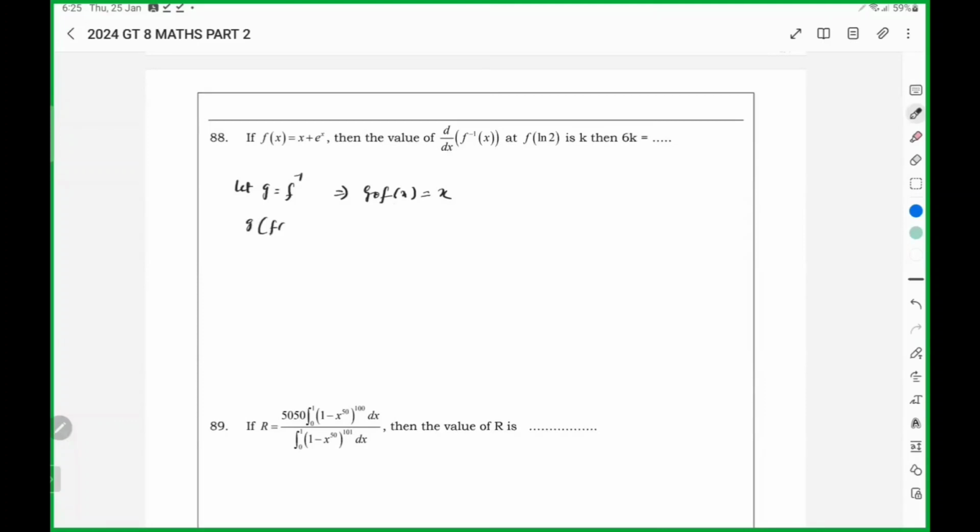So g of f of x, once you differentiate, it's 1. g dash f x into derivative of f x is 1, so g dash f x will be 1 by dy by dx.